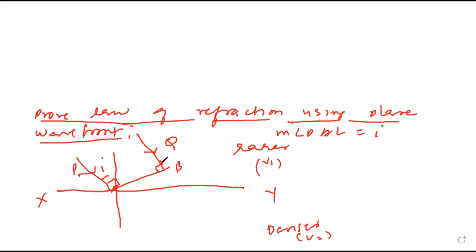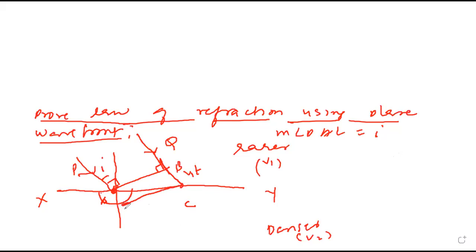Now, in time t, if disturbance from B travels distance BC equal to V1t, then in same time secondary wavelet from A will cover distance V2t, which is less than V1t, in second medium. So with A as center, V2t as radius, draw the sphere in second medium.